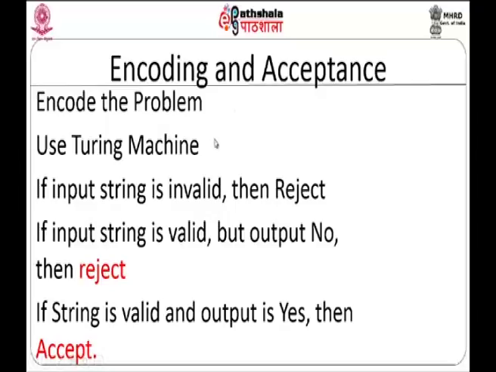And as I said earlier, we will use Turing machines to verify whether the language is acceptable or not. I was telling you about the need for the Turing machine in the last module. Instead of relying on a particular physical machine, it makes sense to create a virtual machine.